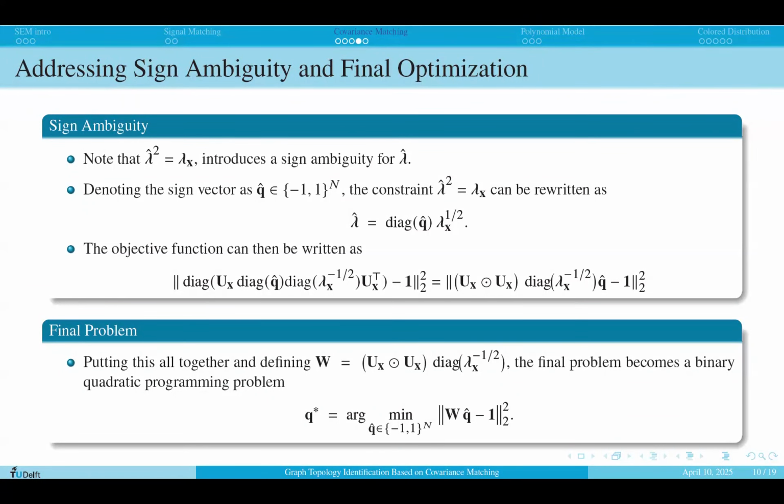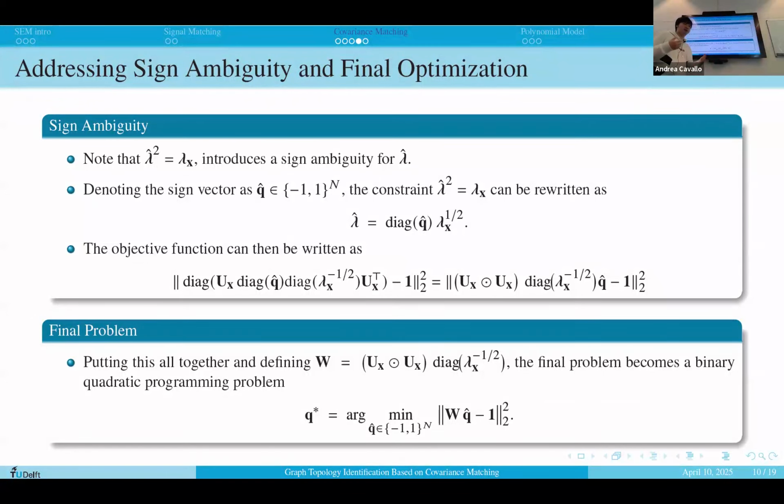And here, because we introduce q, we can reduce this to the form of a binary quadratic programming. This problem we have many methods to solve.